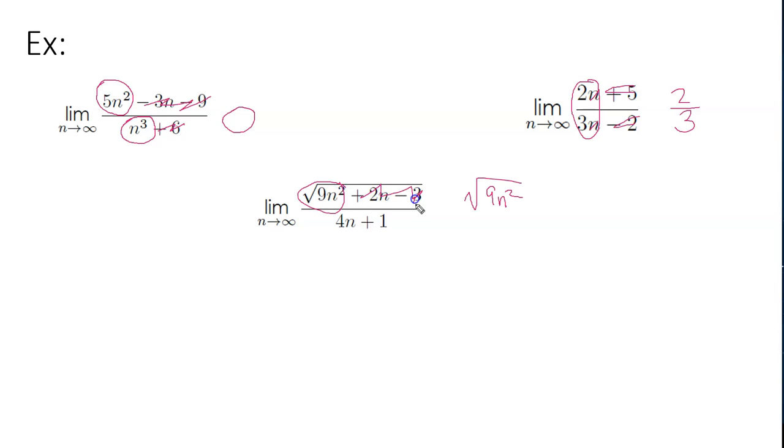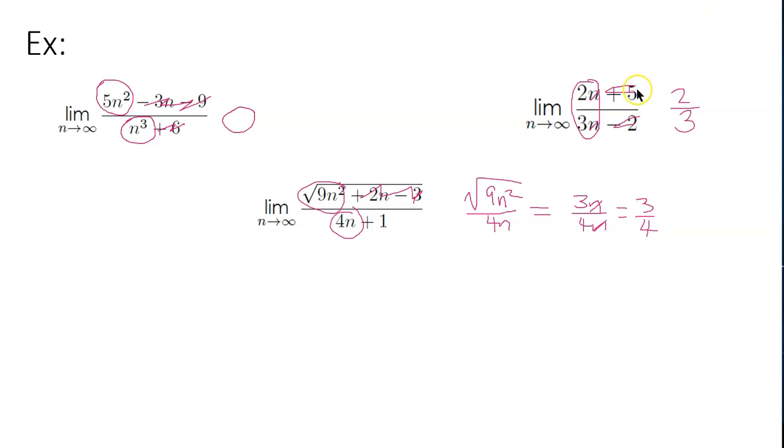Again, the rest is noise. On the bottom, all we have is 4n. Now, simplifying it, the square root of 9n squared is 3 times the absolute value of n, but we're going to positive infinity, so that's fine, over 4n. The n's cancel. So this limit is 3/4.